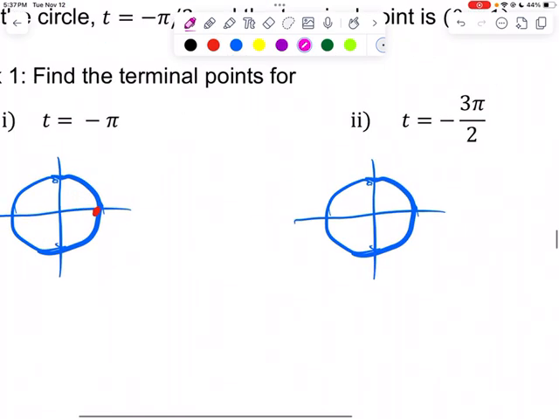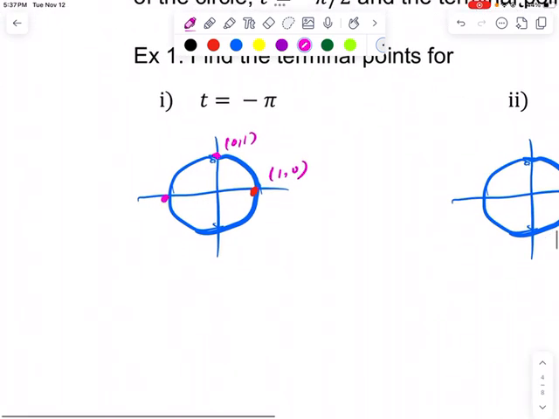So each intersecting point, like this one will be 1, 0, this will be 0, 1, this point is negative 1, 0, and this one is 0, negative 1. Now starting at the starting point, we go in the negative direction and we cover how much distance? Pi units. What is pi? Pi is half of 2 pi. It means we are traveling half the circle. So we are going from here to here.